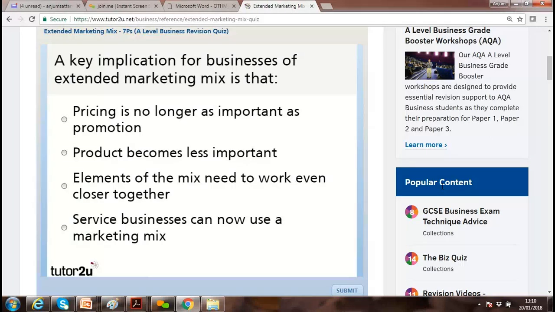Which one is it? Application of the extended marketing mix. Is it the second one? Second?